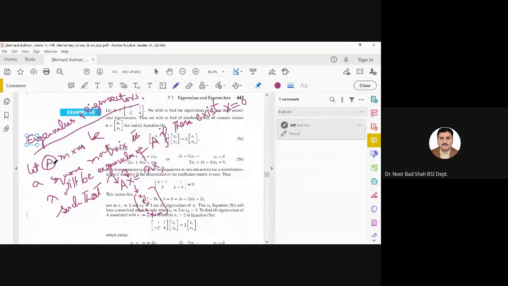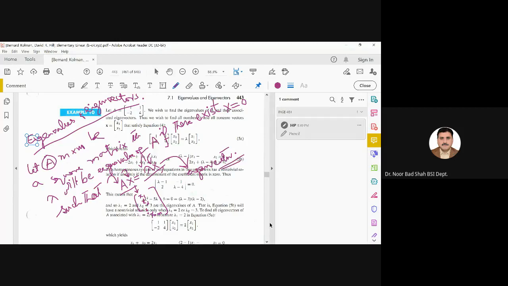If it is 3 cross 3, it will be x1, x2, and x3. So if there exists a non-zero vector x such that Ax is equal to lambda x, then this lambda is the eigenvalue and x is the corresponding eigenvector.